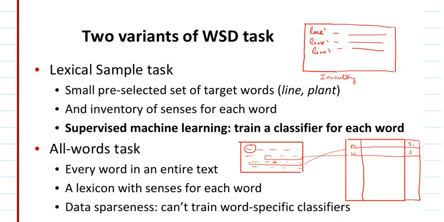This has to be done for all the words present in the corpus. So this is sense 1 for word 1, sense 2 for word 1, again sense 1 for word 2, sense 2 for word 2, and so on. So we will have a very large number of classes here.